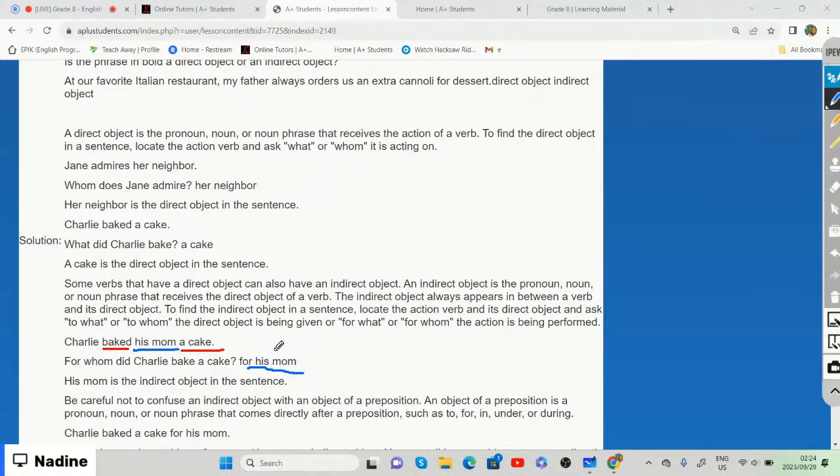Your indirect object needs to be between the verb and the direct object, not after the preposition. And the prepositions are to, for, in, under, or during.